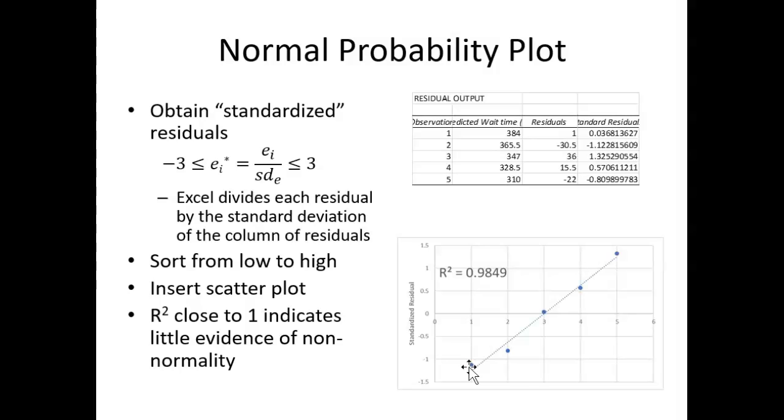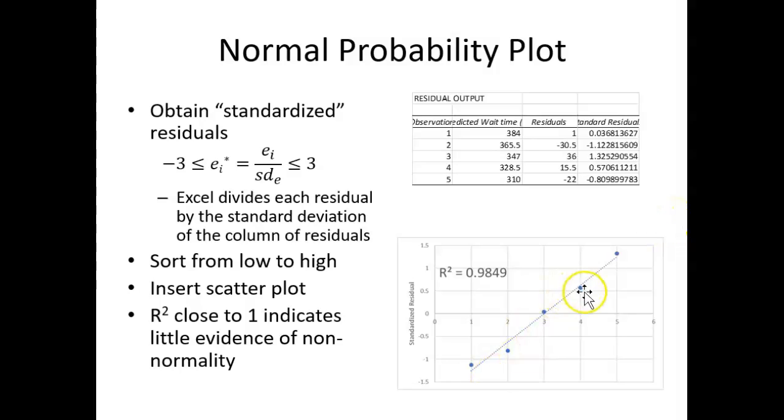The next lowest is -0.81, and there it is. The third lowest standardized residual is 0.04, and there it is. The fourth is 0.57, and there it is on my plot. And the highest one is 1.33, and there it is for the fifth observation.